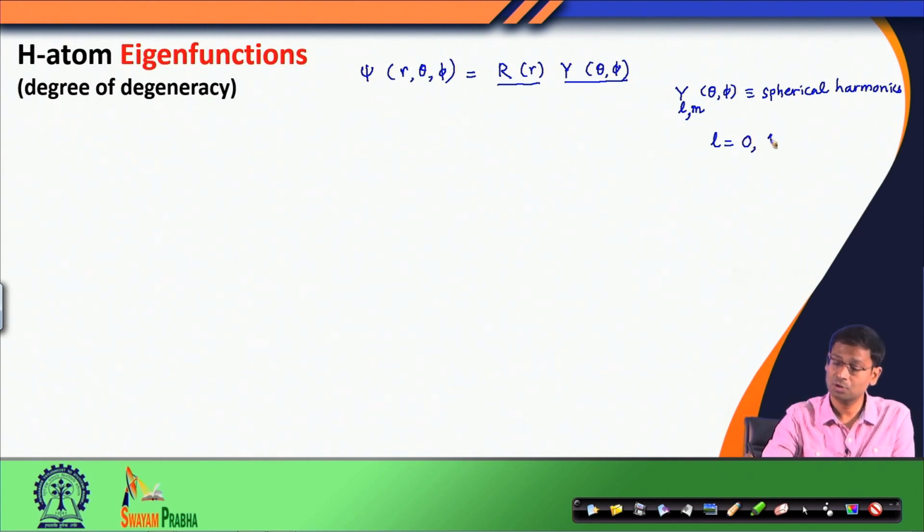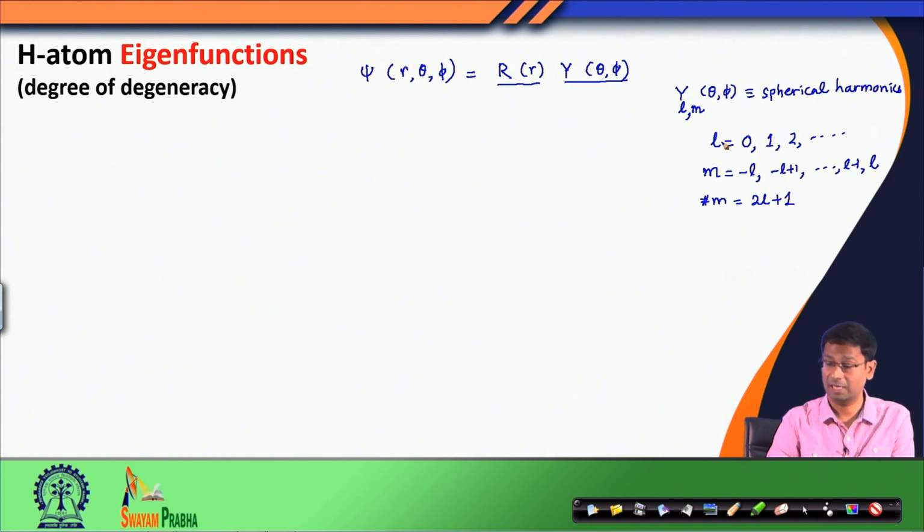So, L is 0, 1, 2 and so on, and for each value of L, I have 2L plus 1 values of M, where M goes from minus L to plus L in steps of 1. So, this we knew about the spherical harmonics.